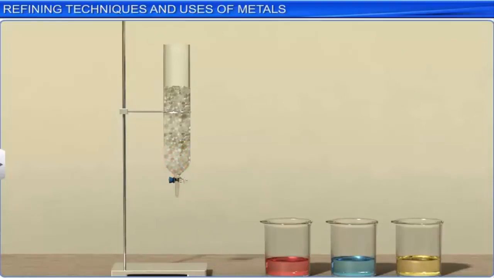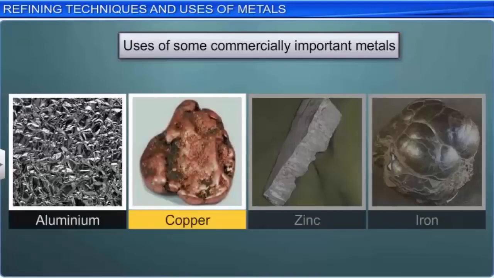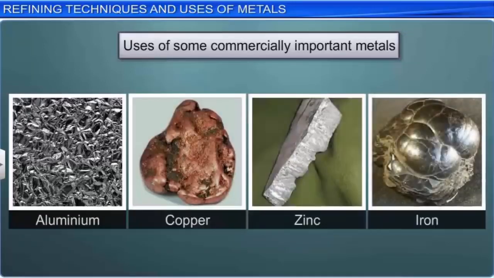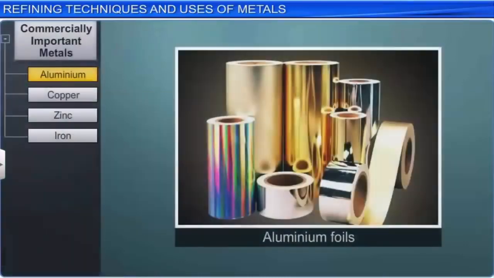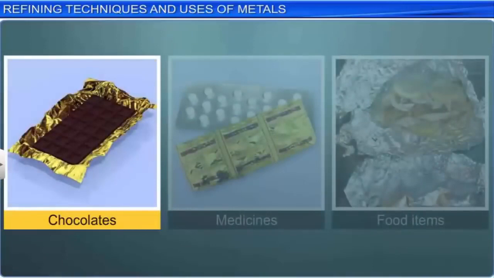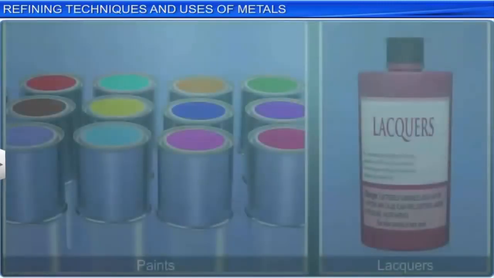Let us now study the uses of some commercially important metals such as aluminium, copper, zinc, and iron. Aluminium foils are used as wrappers for chocolates, medicines, and food items. Aluminium dust is used in paints and lacquers.